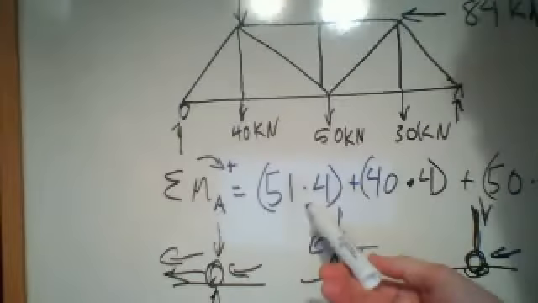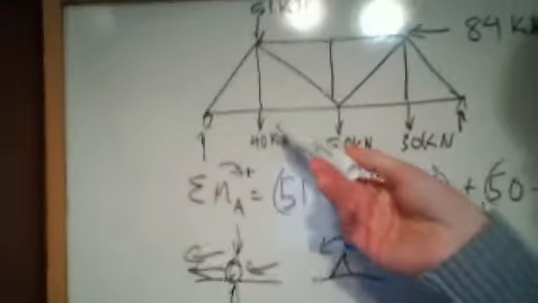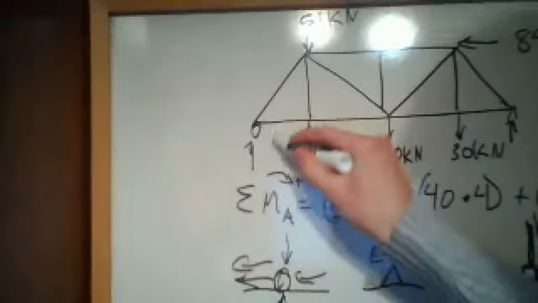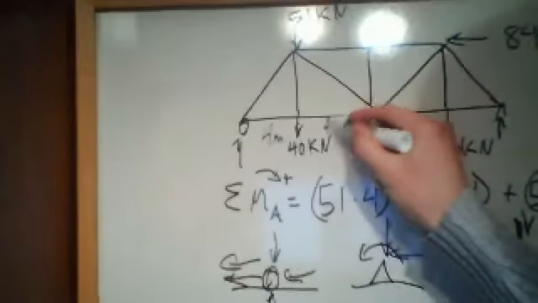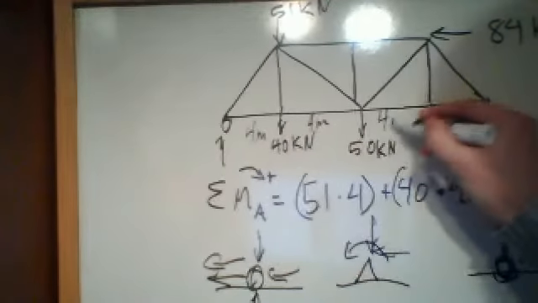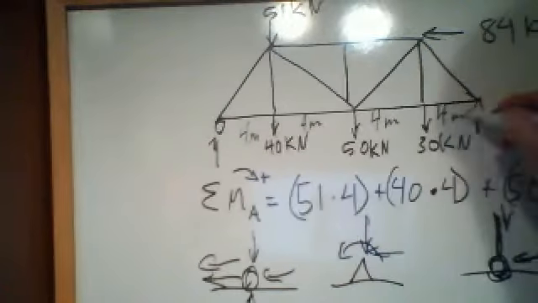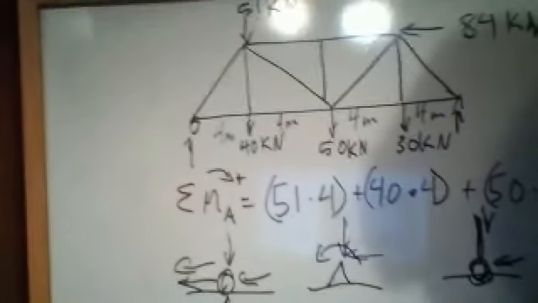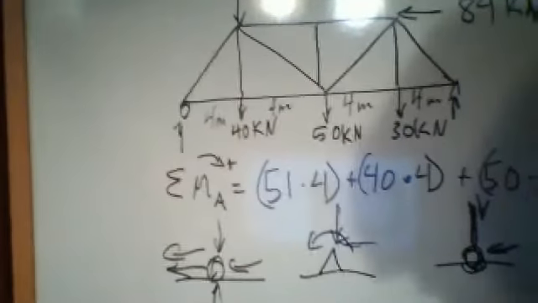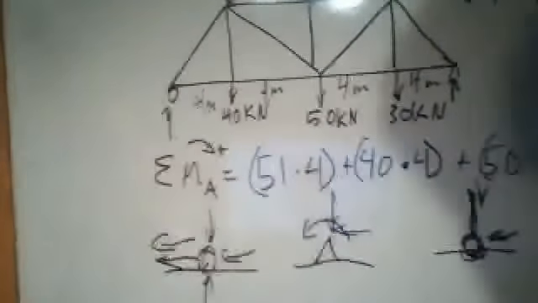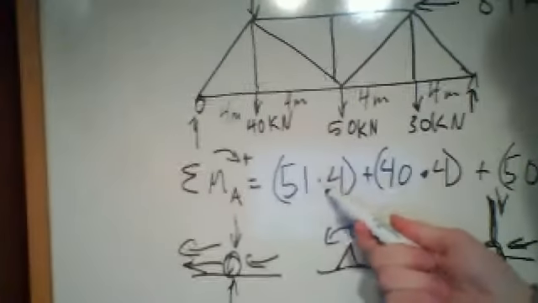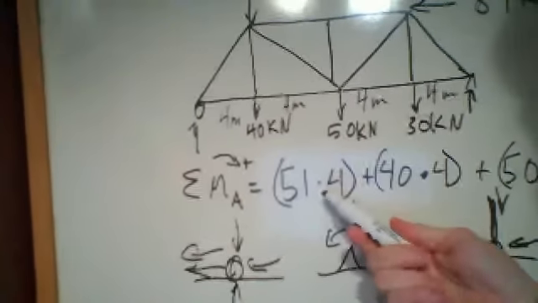So we got your 51 times 4. I saw that you added these up together, which is fine, but it doesn't really serve your purpose if you're trying to explain to somebody what happened and what you're trying to do.